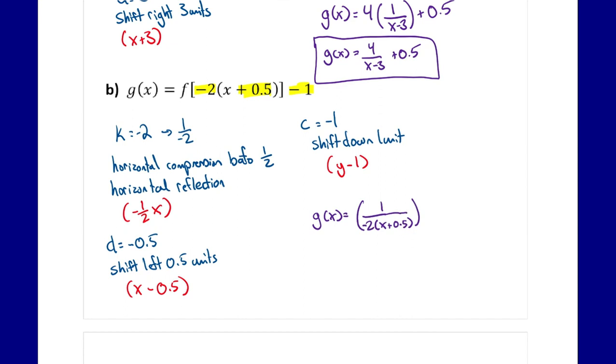Similar to how before it went under the radical or the square root sign, or it went underneath or enclosed by the square in the quadratic. We do have then the -1 for the c value, so that's going to go at the very end. I can't simplify this any further. There's nothing I can really do. I can't multiply that a value through. So now I have my transformed function.